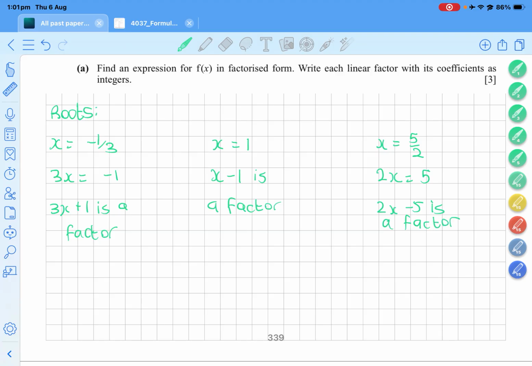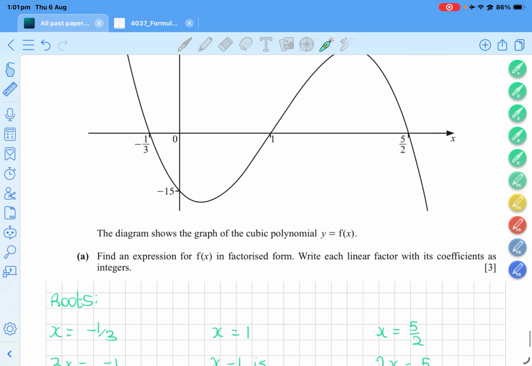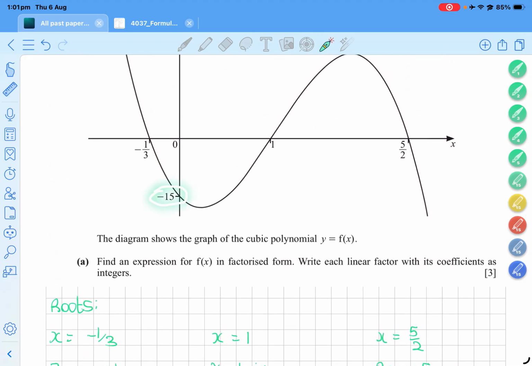So therefore f of x must be k times x minus 1 times 3x plus 1 times 2x minus 5. Now why do I write k? Because this is minus 15, so we don't know yet what the result is going to be, but let's see.